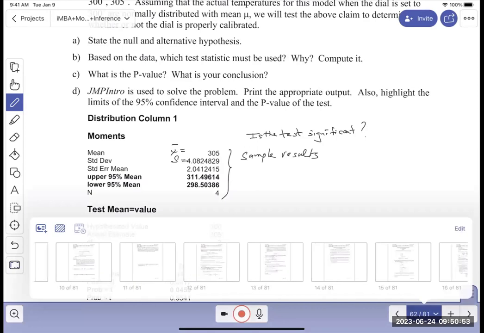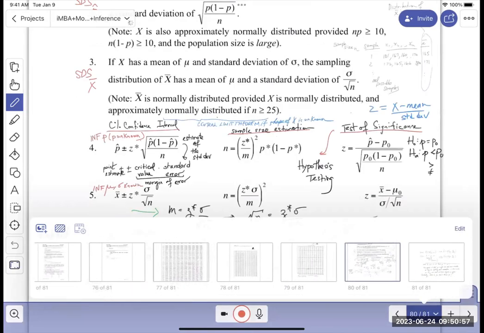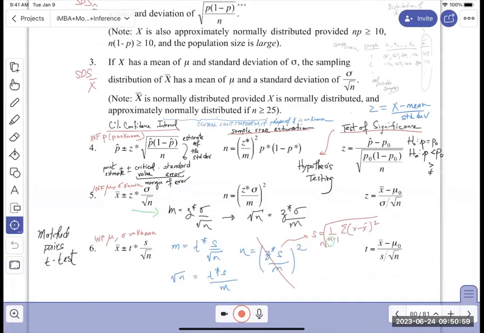Let's go back to the formula sheet. This is the standard error if sigma is known, and this is the standard error, S over root N. We did it last class.